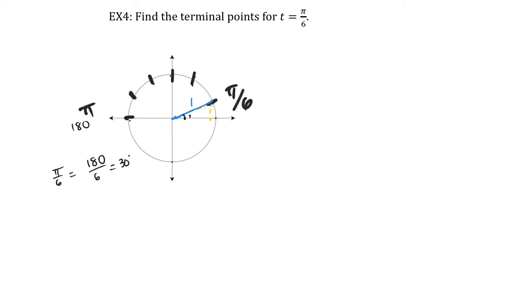This is a 30-degree angle right here, and this is 90. Some of you might know this from geometry. The angles inside of a triangle all have to add up to 180. So 30 and 90, what's left needs to be 60.